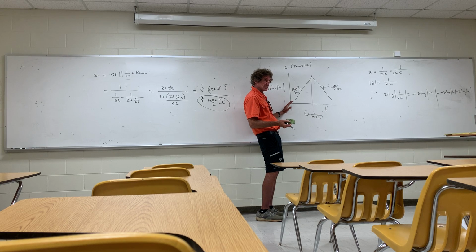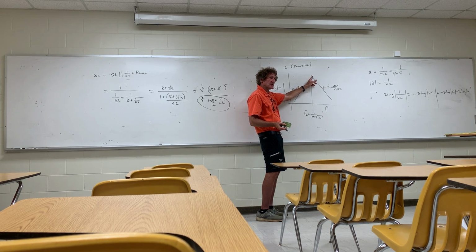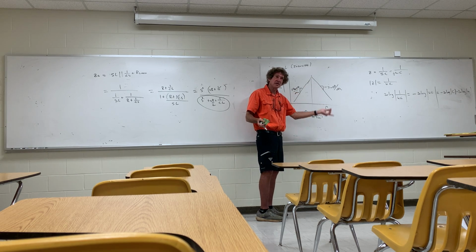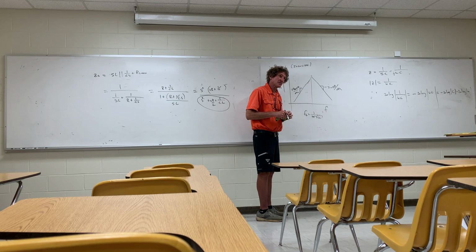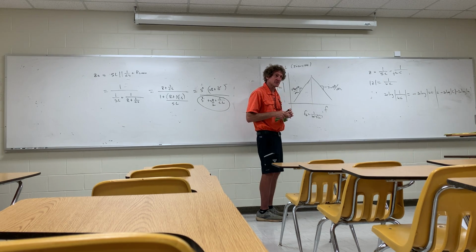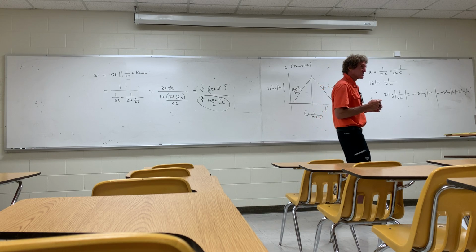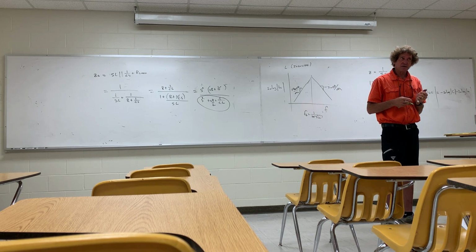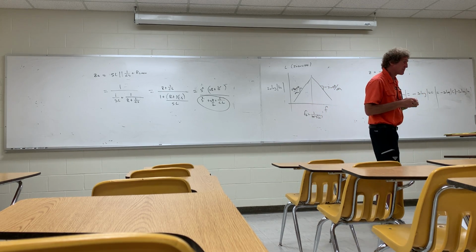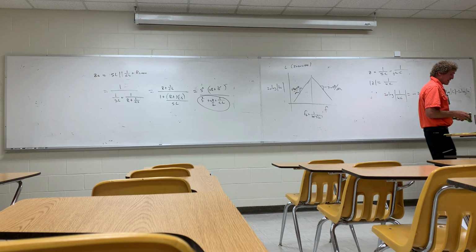It comes in at zero, increases at 20 dB per decade, hits a relative maximum at resonance, then starts falling off. It's the inverse. Just take the capacitor curve and flip it upside down, you've got the inductor curve. Follow me on that? It should make sense to you, because capacitive reactance is 1 over SC, inductive reactance is SL. They should be inverse. All right, that's enough of that.